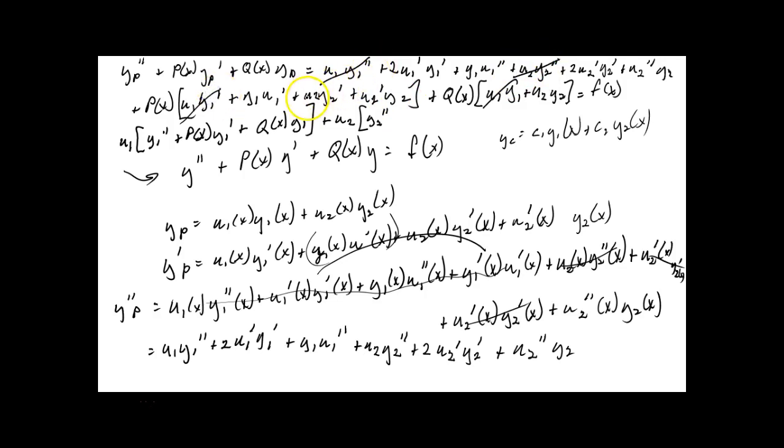And here's the u2 y2 prime, plus we already pulled out the u2, and you have a p of x from here times y2 prime, so that takes care of this term inside that parentheses.